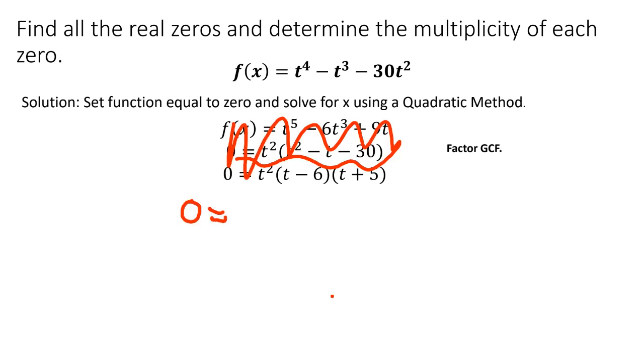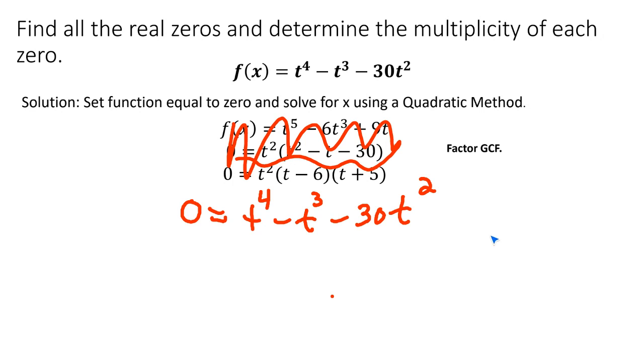So we have 0 is equal to t to the 4th minus t cubed minus 30t squared. Okay, so as you can see here, finally, I apologize, we have t to the 4th, negative t cubed and a t squared.